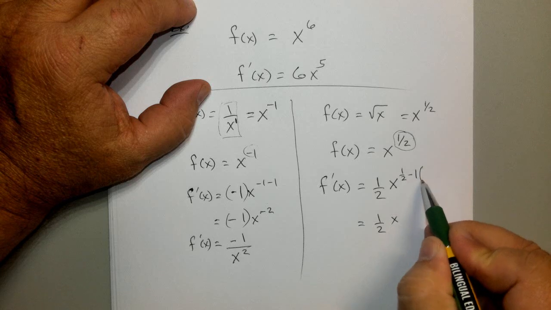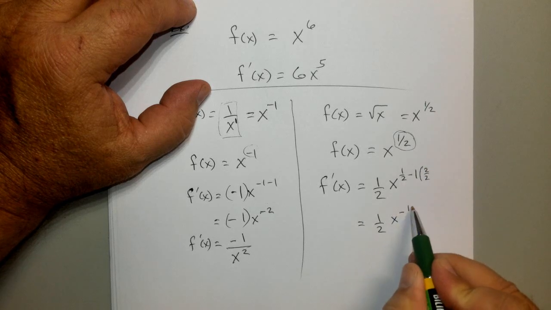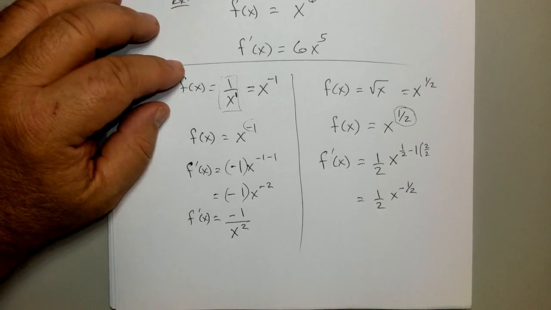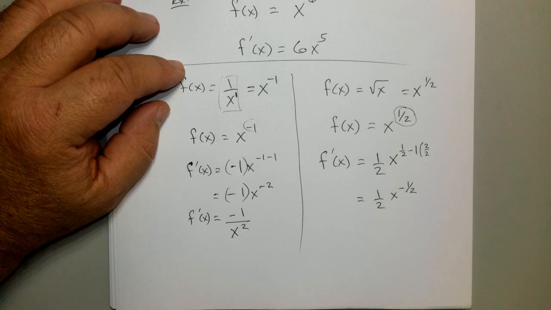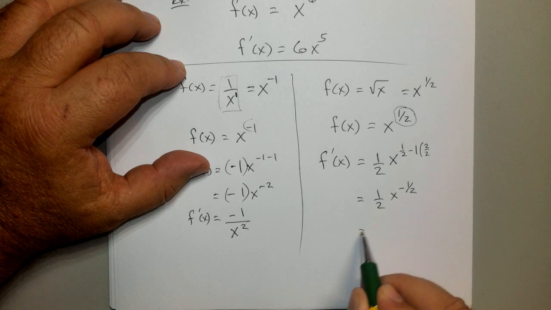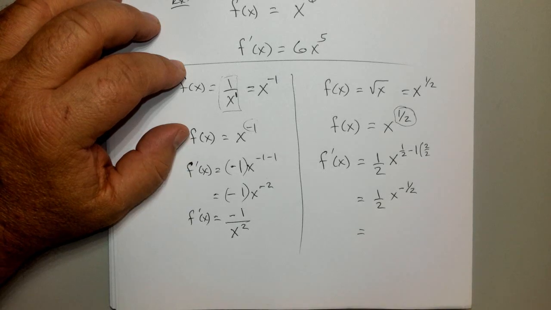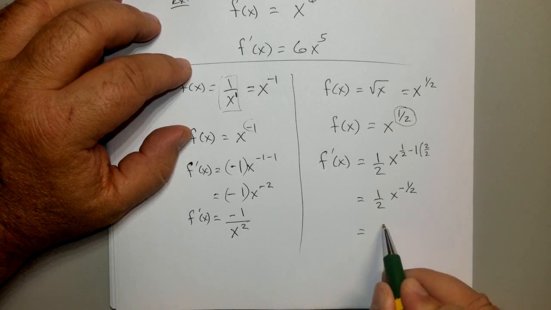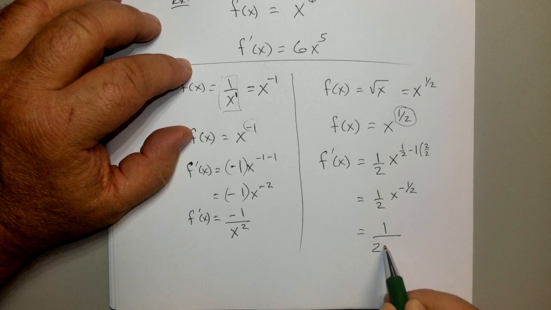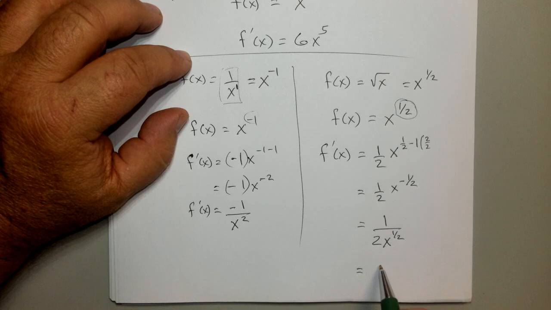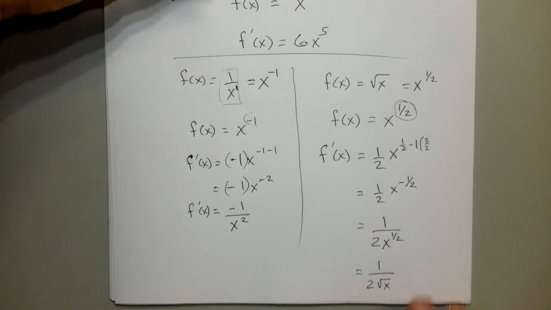So this is the same as 2 over 2, so it's negative 1/2. Can you rewrite this? Remember, you don't want to have negative exponents. Or 1 over, which becomes, and there's your derivative.